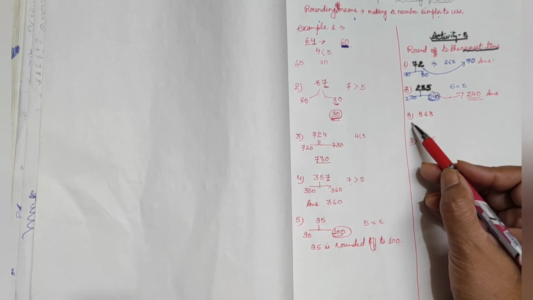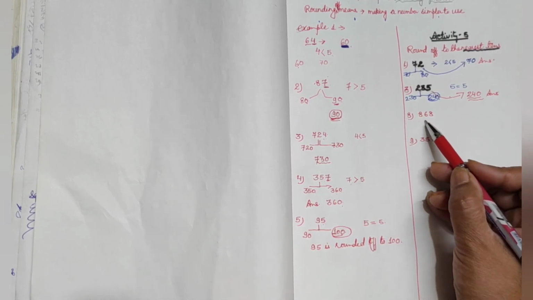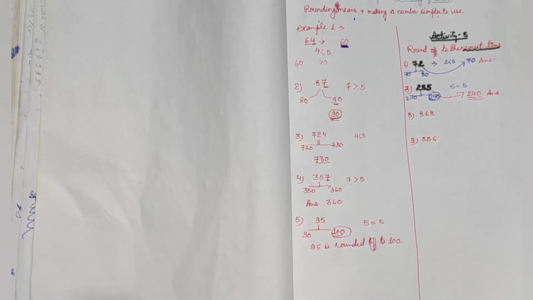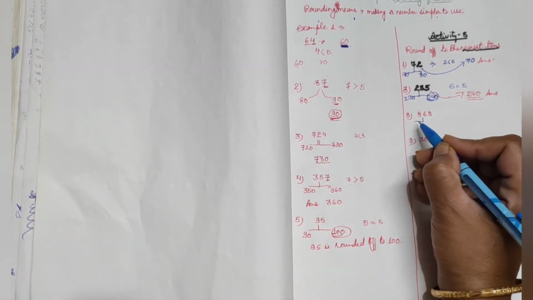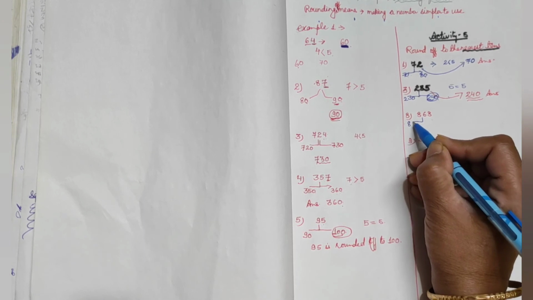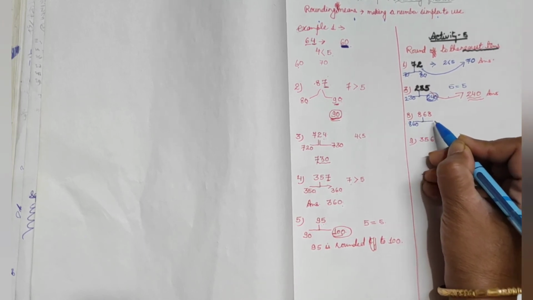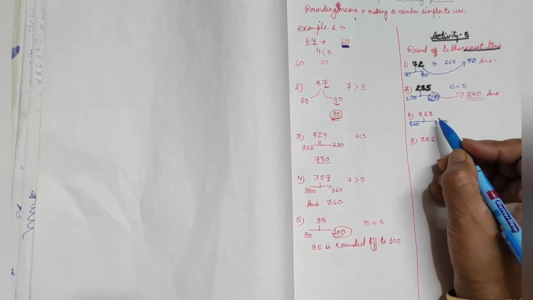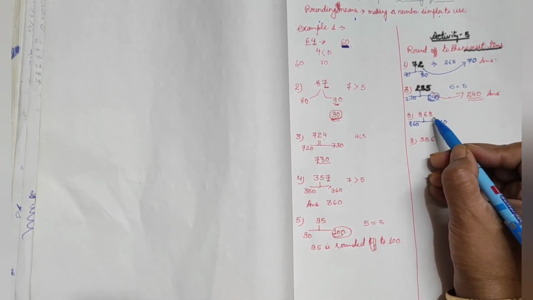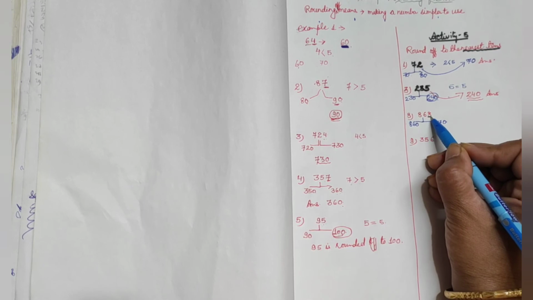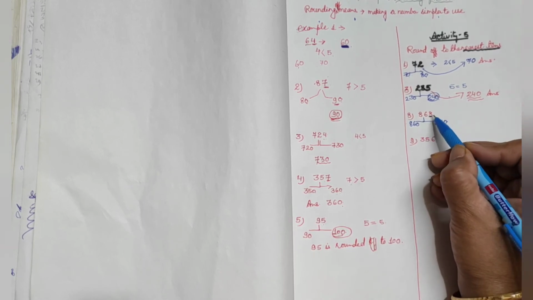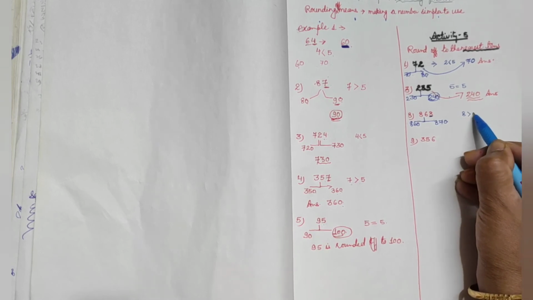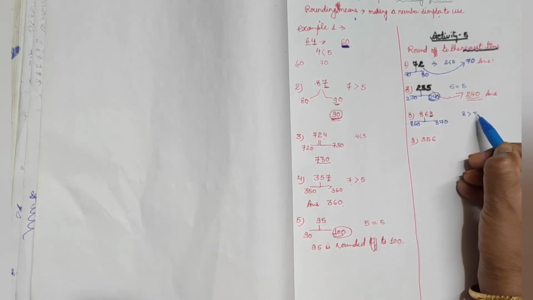The next one is 868. The lower number is 860 and the upper number is 870. If we check the ones place digit, here the ones place digit is 8, which is greater than 5.